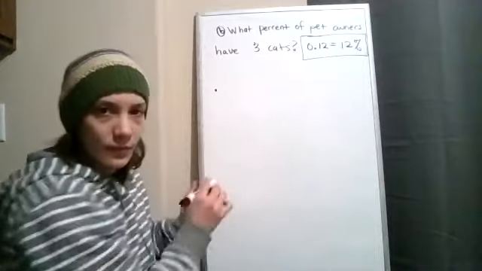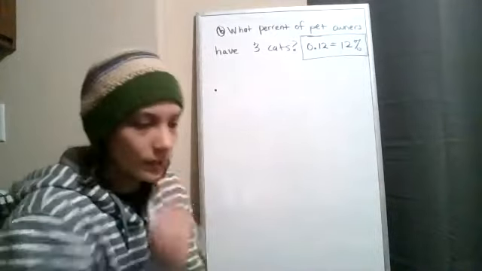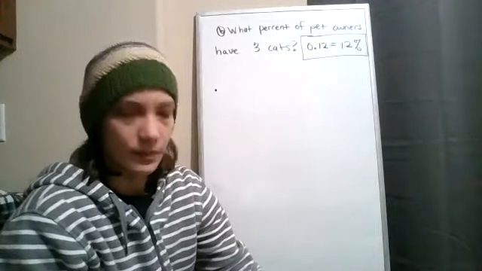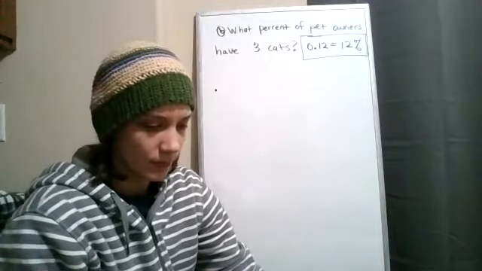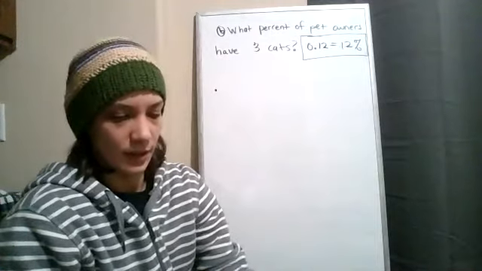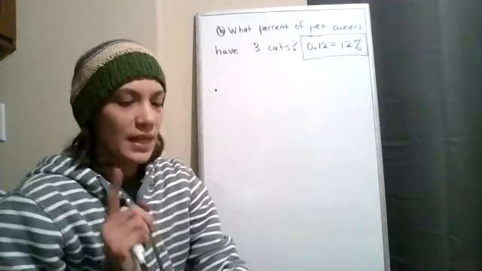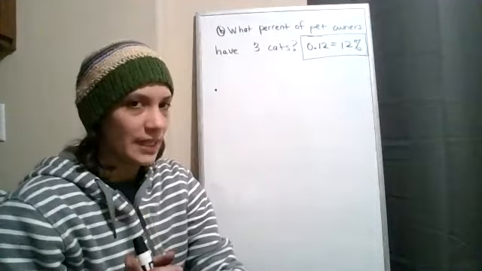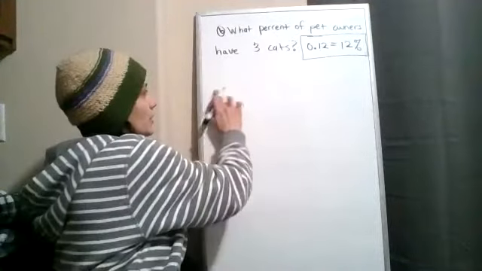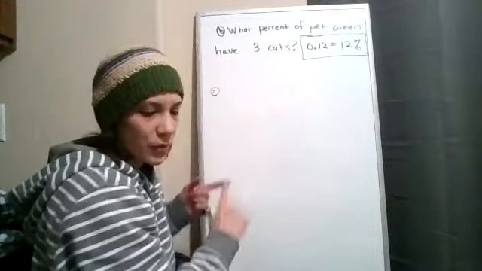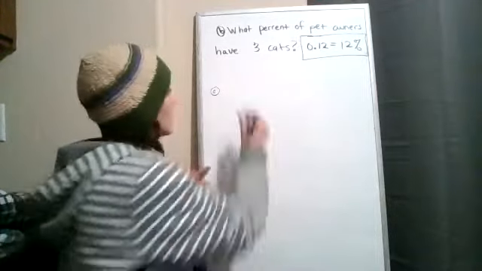Professor, since the people with 3 and 4 cats are both 3 out of 25, would you add both of the 12% together to make 24% or no? That's a sort of different question, but I will write that down. So that would be the percent of pet owners that have 3 or 4 cats.